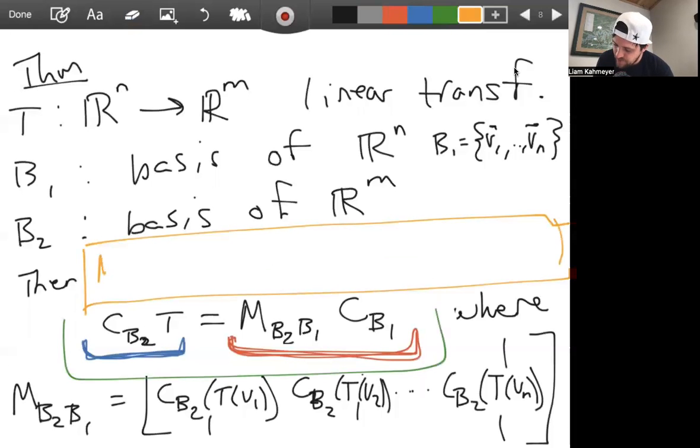Really, M_B2,B1 is equal to C_B2 T C_B1 inverse, right? That's exactly what we're doing here. I won't be so explicit, but that's what we're doing.